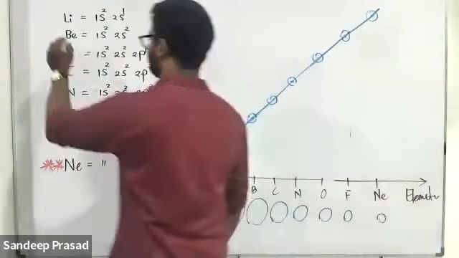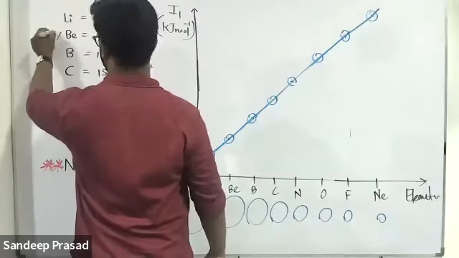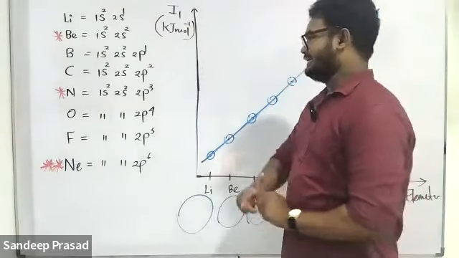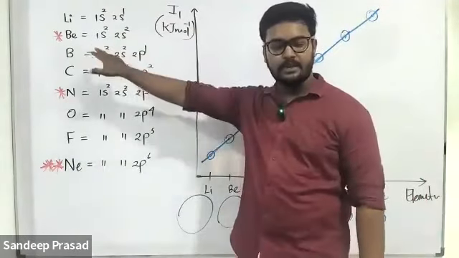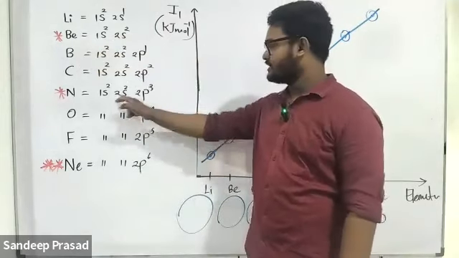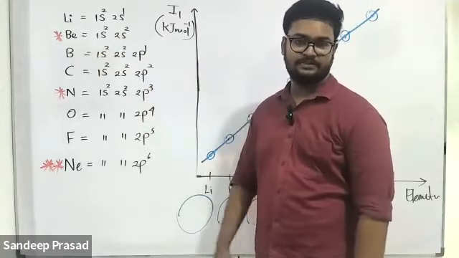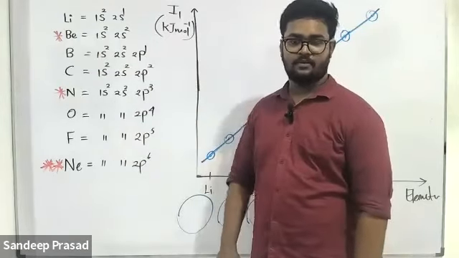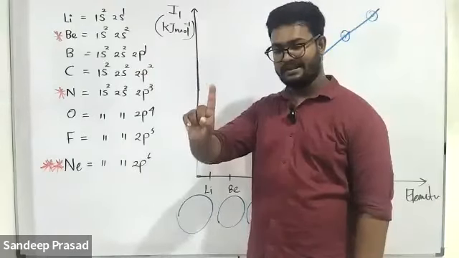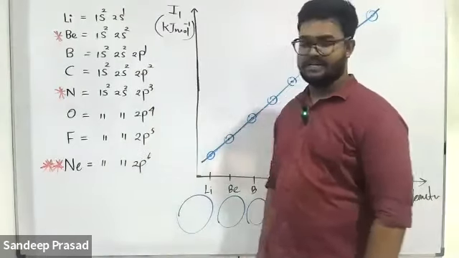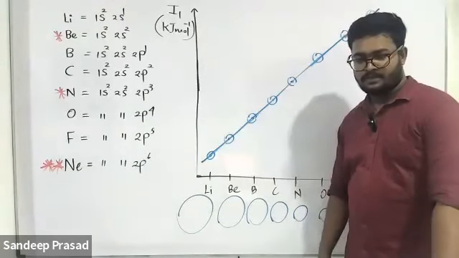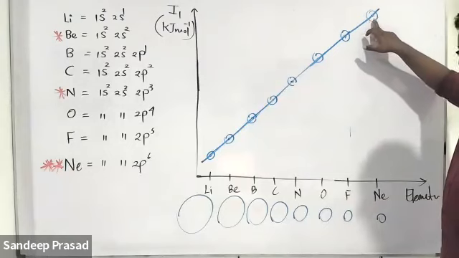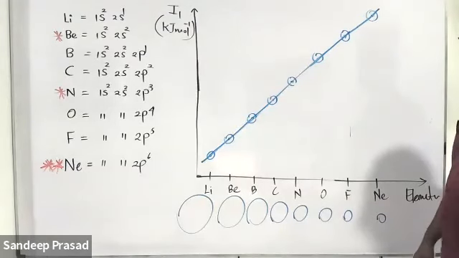Beryllium and nitrogen are also somewhat stable. In beryllium, all the sub-energy levels are completely filled with electrons. Nitrogen is half stable, because in the p sub-energy level there are 3 electrons, all the orbitals are singly filled, in a symmetrical order. So that is also stable. And neon has the highest first ionization energy.